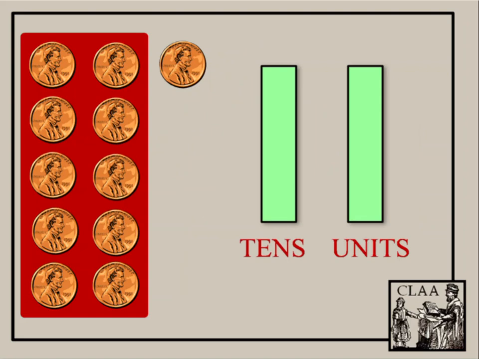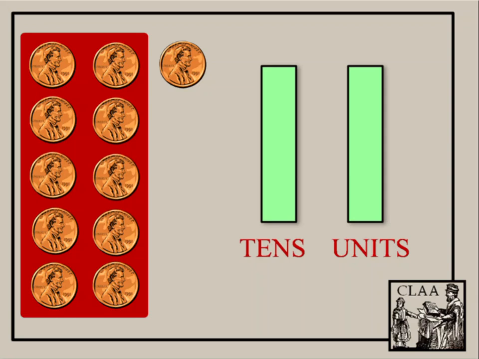To write the number 11, we first need to know how many sets of 10 there are, and then how many units are left over. We see in this picture that there is one set of 10, and so we write the number 1 for the number of tens.